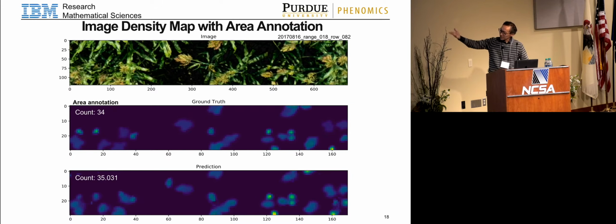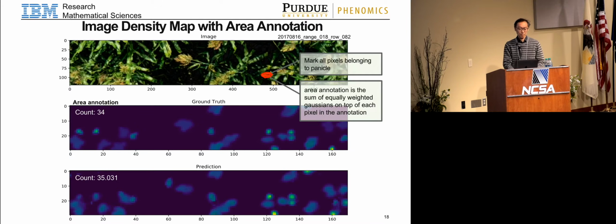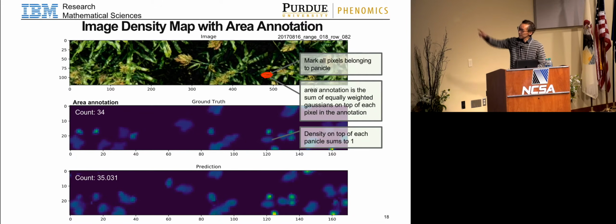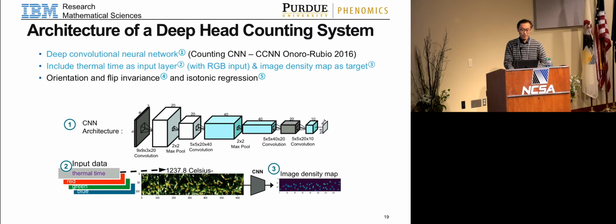So here they're distributed in a more wide manner, corresponding more exactly to the areas where they're actually panicled. So this is all embedded in that annotation tool. You can see the annotated area corresponding to the distribution in the density map.